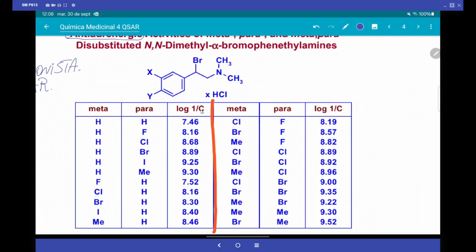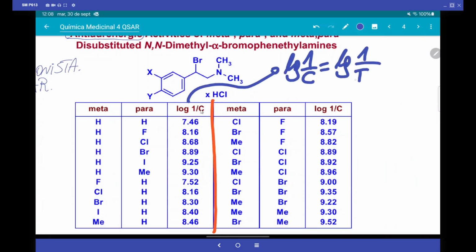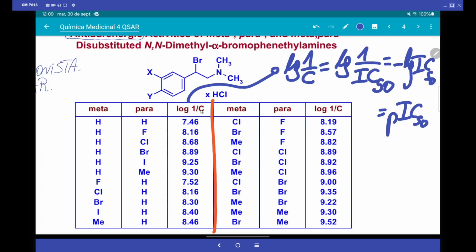This is an old way of expressing log 1 divided by C, the log of 1 divided by EC50, that is, minus log of IC50. This is the pC50. That is what is expressed there as log 1 divided by C: 7.46, 8.16, etc.